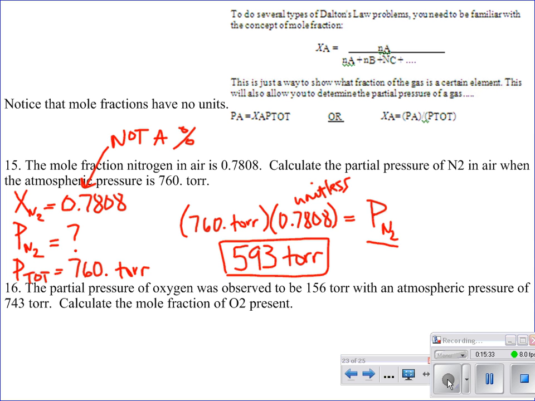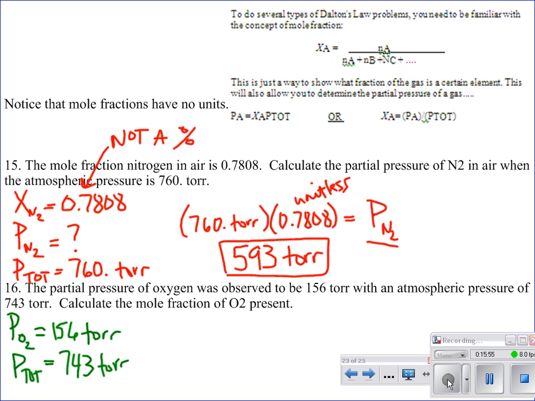And the final question, the partial pressure of oxygen, so we've got the partial pressure of O2, was observed to be 156 torr. So we got a little bit of oxygen in this room, and that's its partial pressure. The atmospheric pressure, the total pressure of the room, is 743 torr. That's a pretty low pressure day.